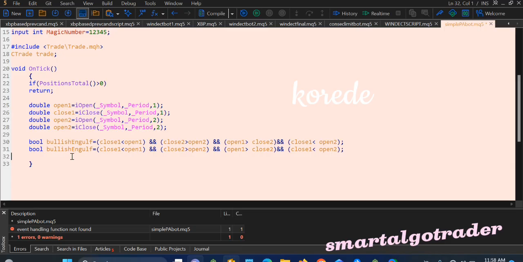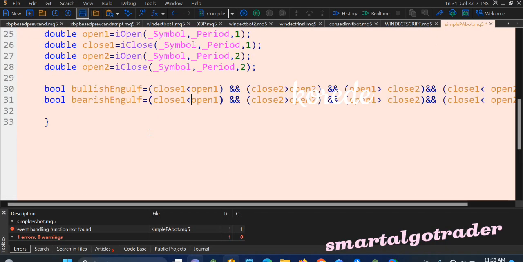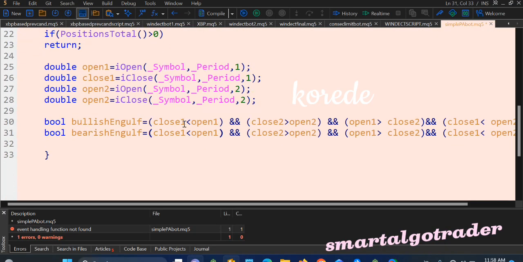Control C, V. I should have left it and just made some amendments.